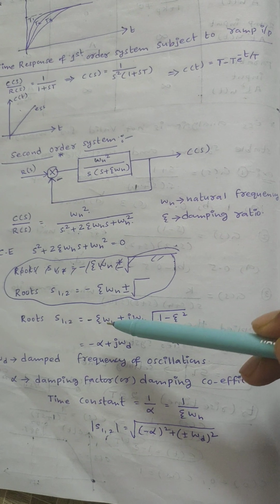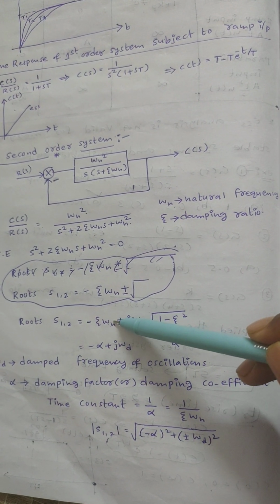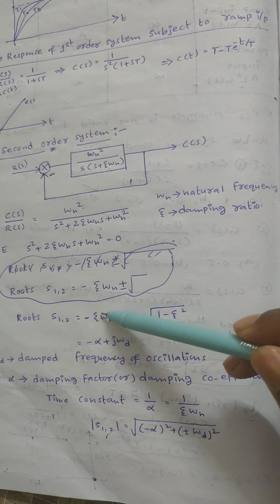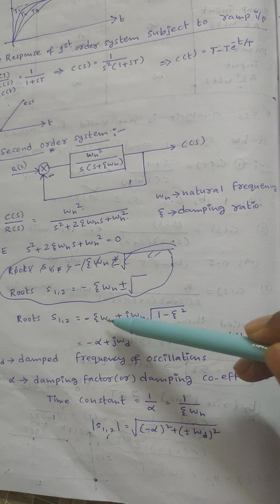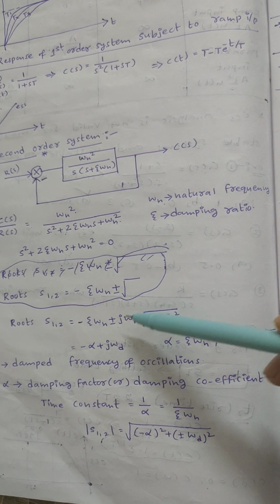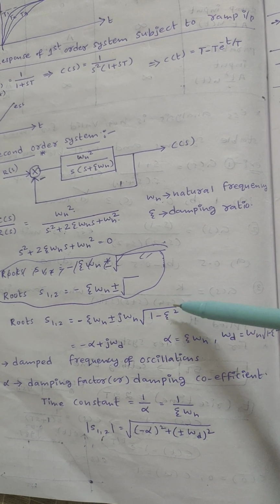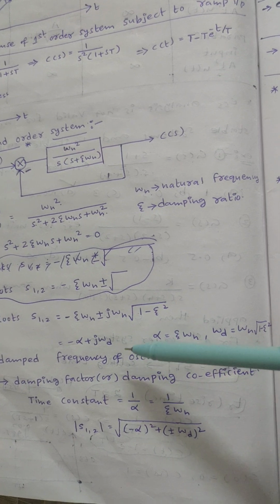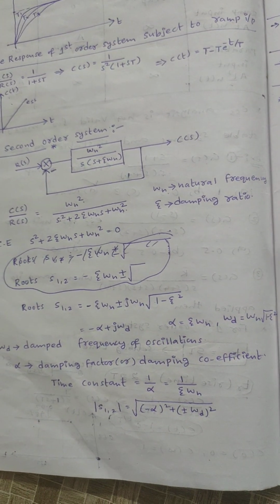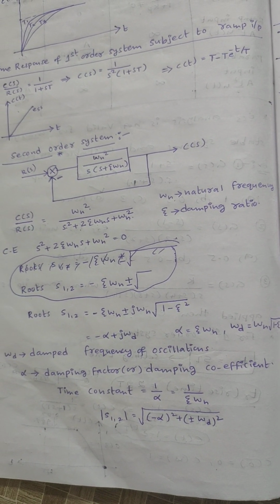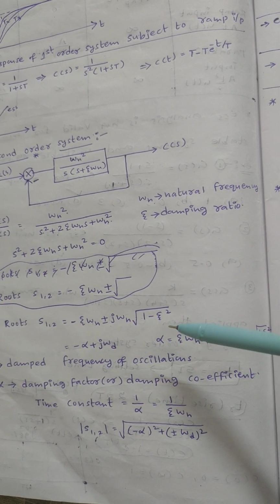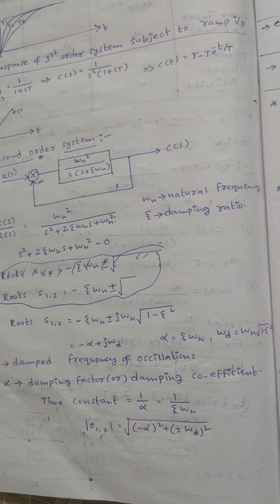From this equation, zeta into omega n can be written as alpha. That means the roots are minus alpha plus or minus j into omega n into under root 1 minus zeta square, which can be written as omega d, where omega d is the damped frequency of oscillations, whereas alpha is the damping factor or damping coefficient.